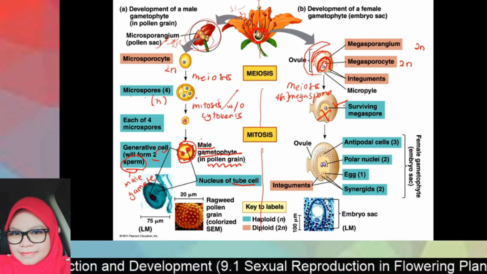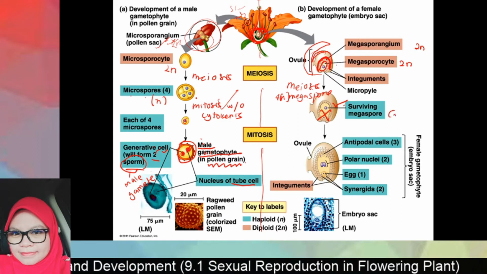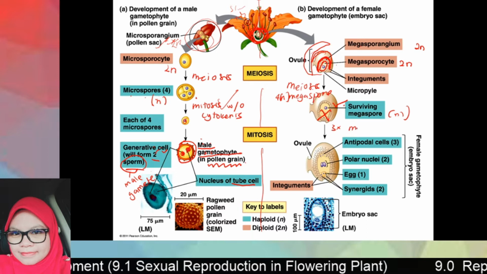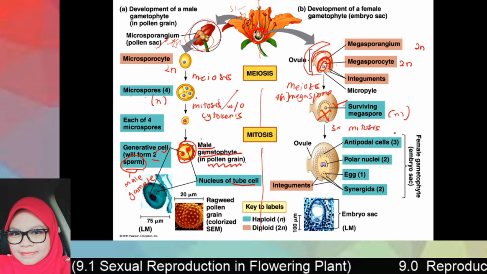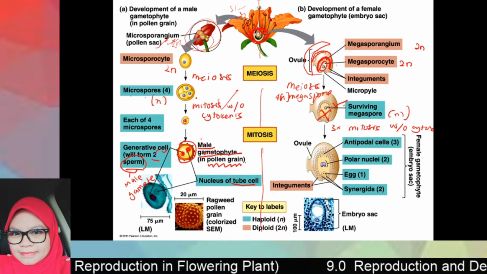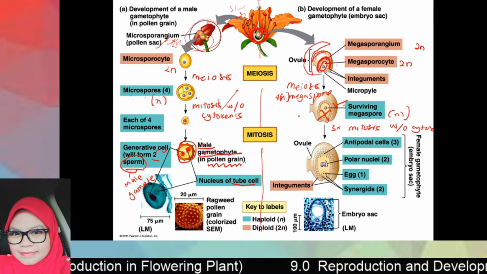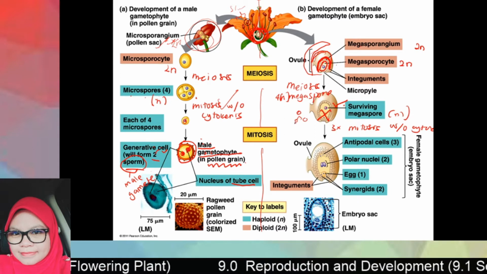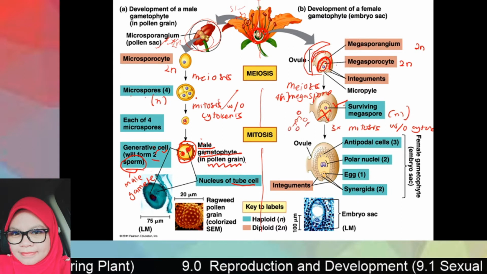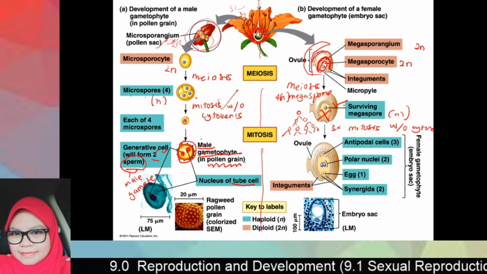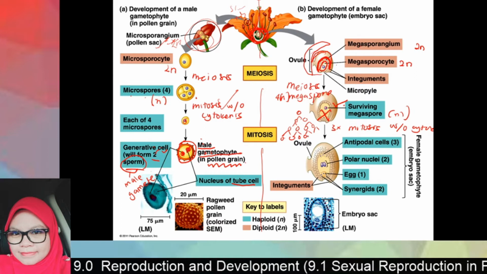The surviving megaspore, which is haploid, may undergo 3 rounds of mitosis without cytokinesis. So the nucleus will divide for the first time from 1 to 2, the second time from 2 to 4, and the third time from 4 to 8.